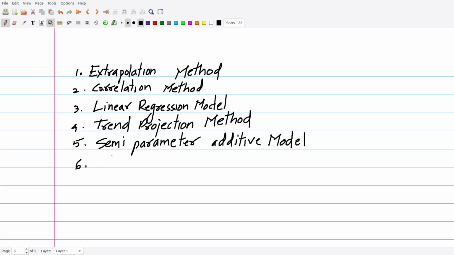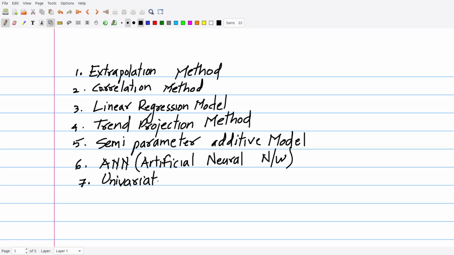Then sixth one is ANN model. What does it stand for? Artificial neural network. Then seventh one is univariate model. Eighth one is similar day method. So what happened on the same day this month last year?